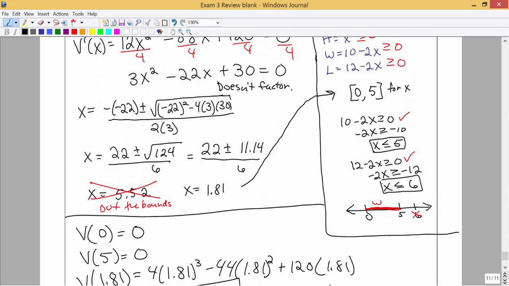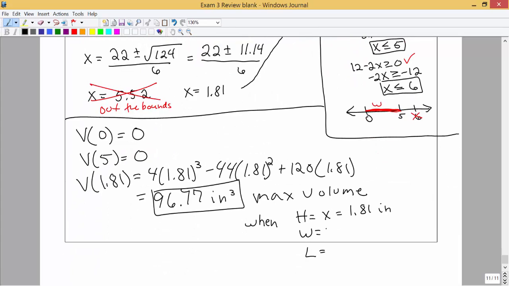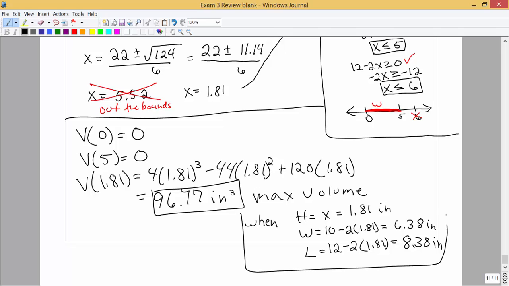Well, the width was given to us as 10 minus 2x, so that would be 10 minus 2 times 1.81. Put that in your calculator as is, and we end up getting 6.38 inches. And then the length was 12 minus 2 times x. We'll put that x value in, and we end up getting 8.38 inches. So these would be the dimensions of the box to obtain the maximum volume of 96.77 cubic inches.